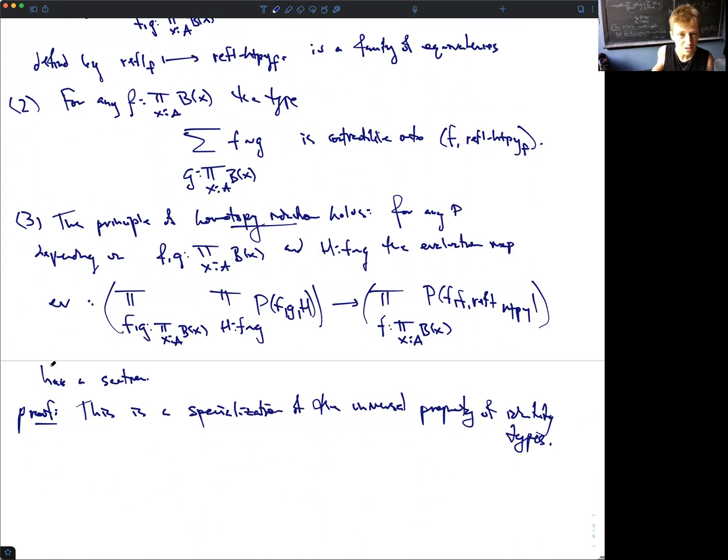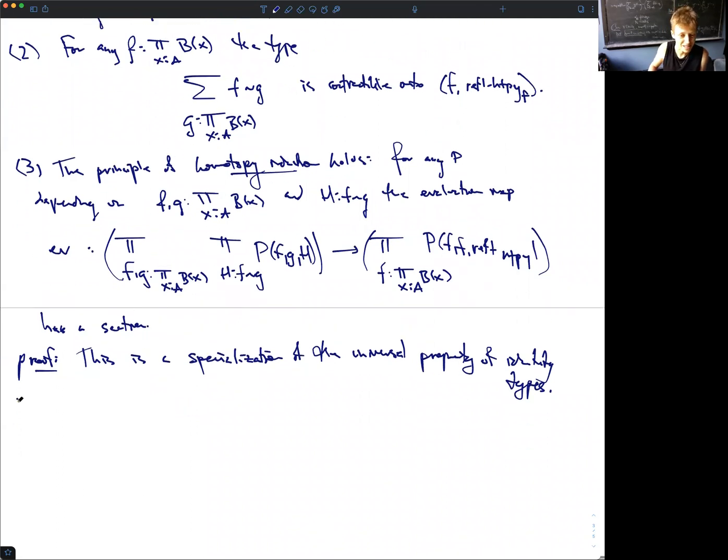Okay, so what's more interesting and also I think more useful is a fourth equivalent characterization of function extensionality that's more surprising. So this is the one that you really need to know and I think is the most interesting. So there is a fourth equivalent characterization.